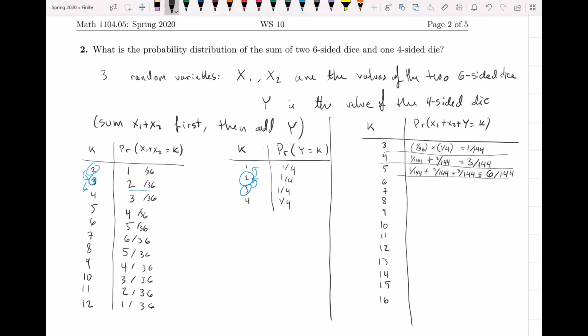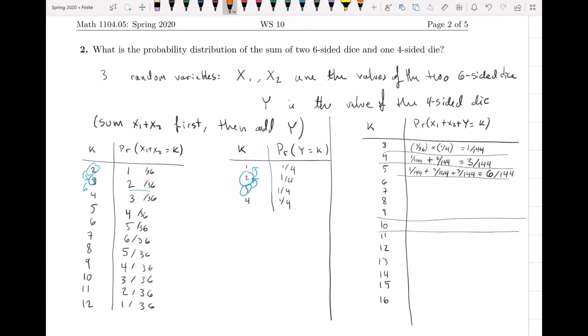Okay, so let's do 10 now. How many ways can we get to 10, and what are their probabilities? If we had x1 plus x2 equals 2, then y would have to be 8, which it can't be, so that can't happen.